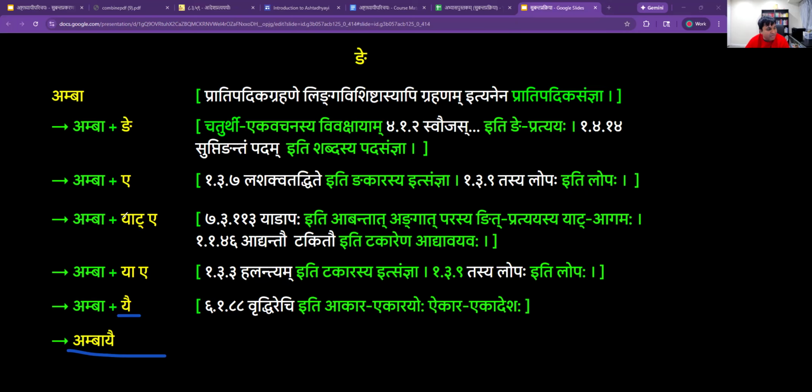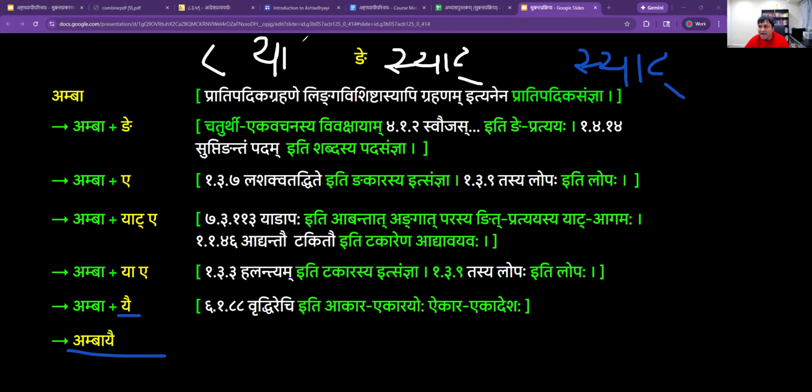It can be a small mini exercise as well. So see, I was talking that in case of sarvanamnah syad hrasvascha, I hope you are able to see, or maybe I'll change the color to white. For sarvanamnah syad hrasvascha, which is the syat agama, I said that you can actually use a yat agama.